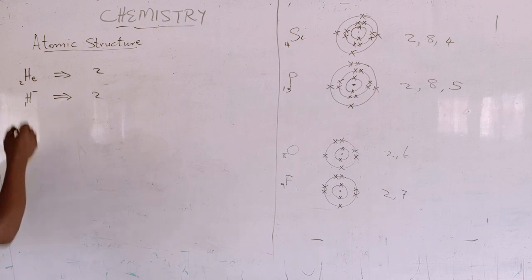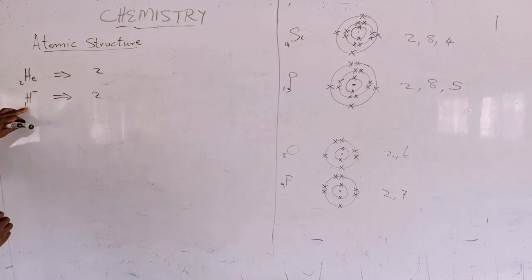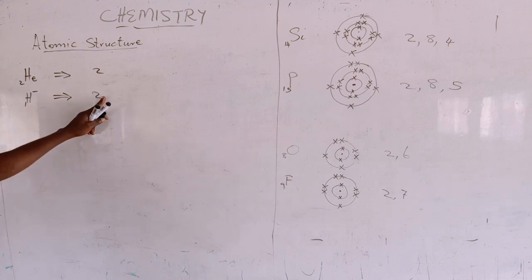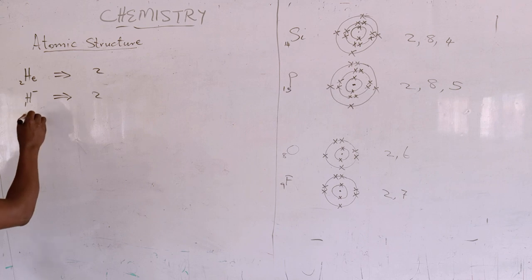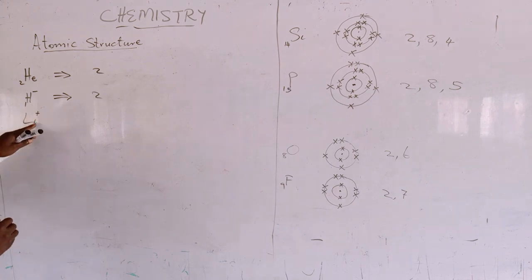Remember the hydrogen ion that I'm talking about is not the one with plus. This is not plus but minus. So it has borrowed one electron to add to the one electron it has to get 2 electrons. Now, lithium ion, this one is plus.